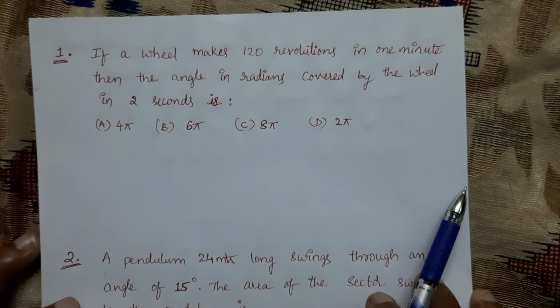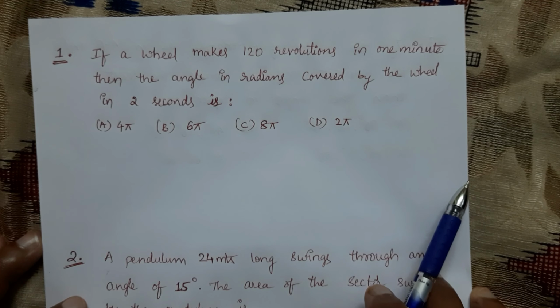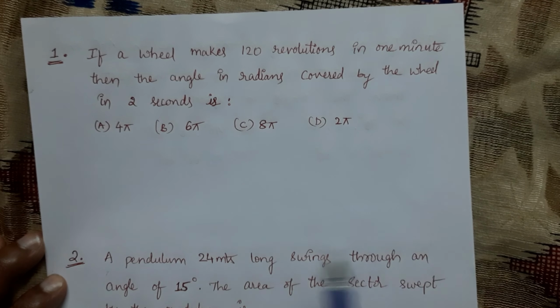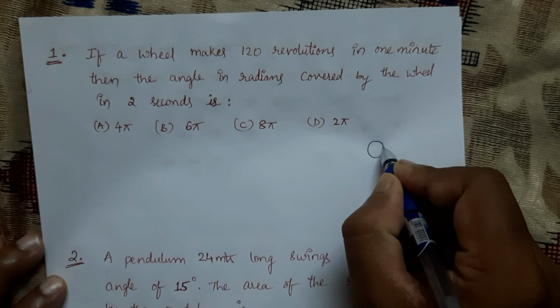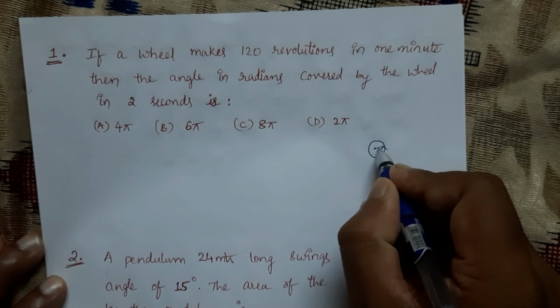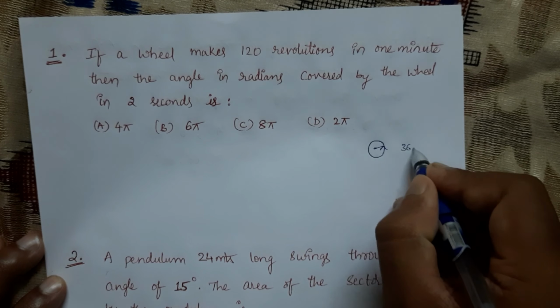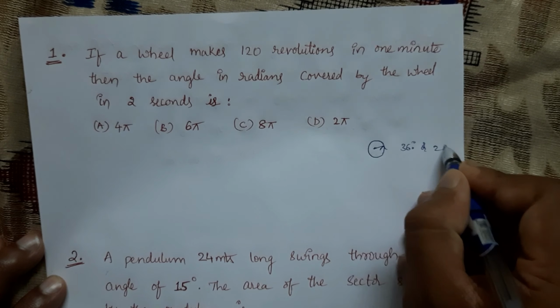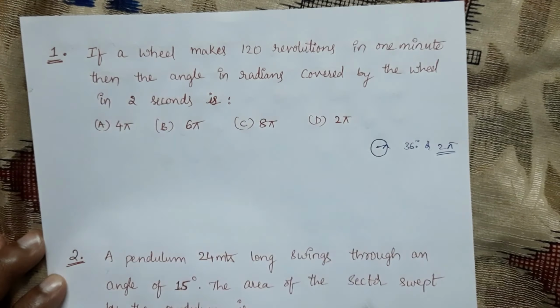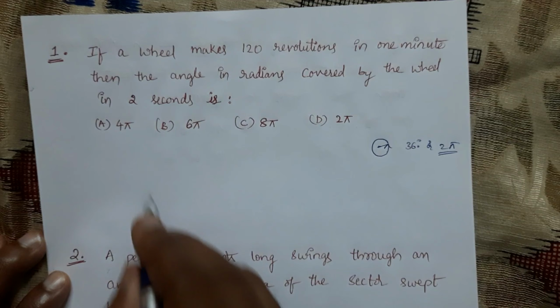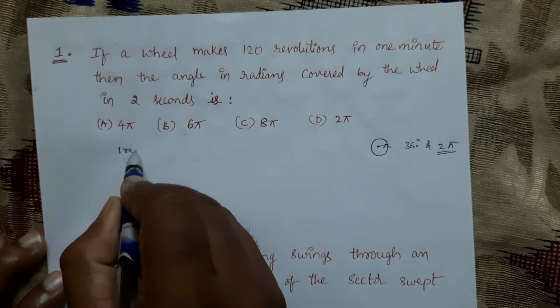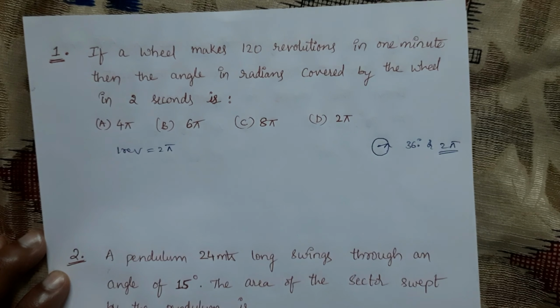See here, a wheel makes 120 revolutions in 1 minute. We know that one complete revolution means 360 degrees, or nothing but 2 pi. But here how many revolutions is it doing? 120 revolutions. One revolution is equal to 2 pi radians, we know.